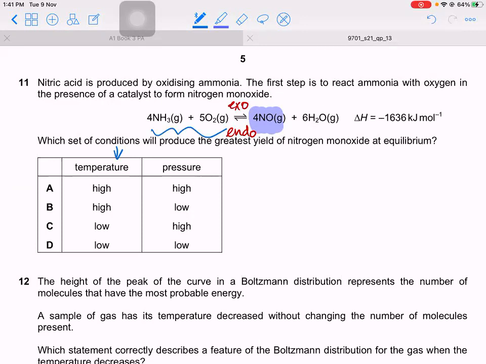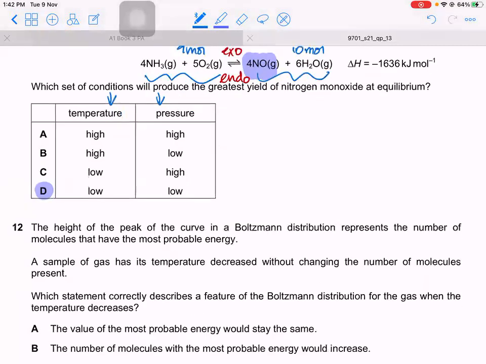So for pressure, you have 9 moles here and you have 10 moles here. If I decrease the pressure, the system will try to increase it. It will try to favor the side with more moles. Equilibrium will go forward. So low pressure and low temperature. Therefore, the answer is D. Clear? Low pressure and low temperature will favor the forward reaction.